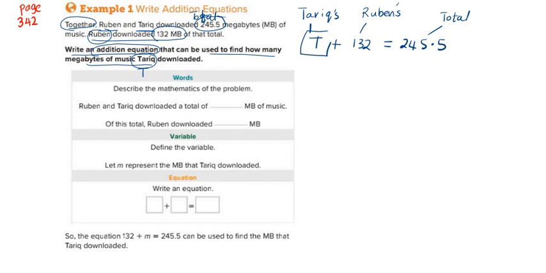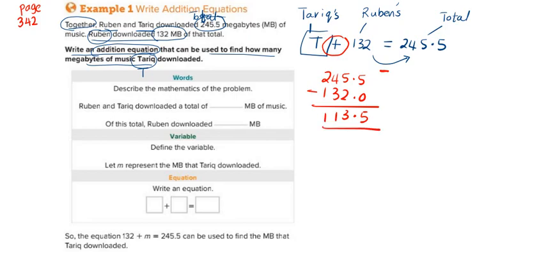To solve for t, because these are big numbers, we cannot do it in our head, so we're going to use the subtraction property, because the opposite of a plus is a minus. So we do 245.5 minus 132. 5 minus 0 is 5, 5 minus 2 is 3, 4 minus 3 is 1, and 2 minus 1 is 1. So that's how much Tariq has downloaded.